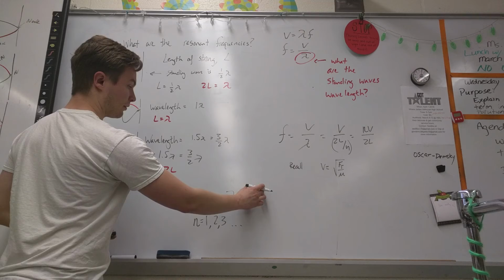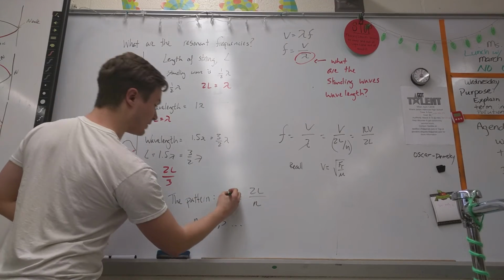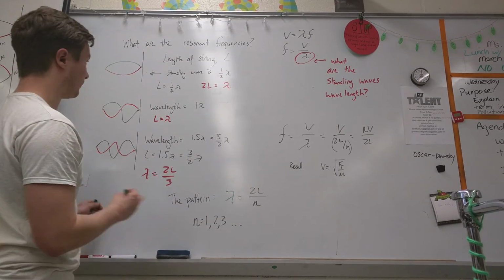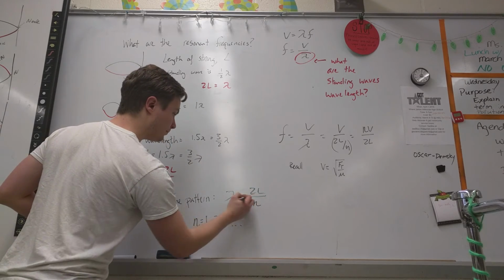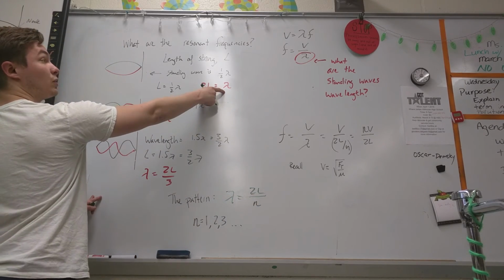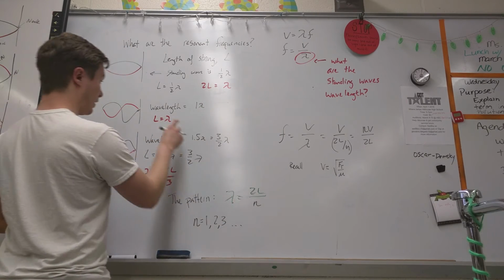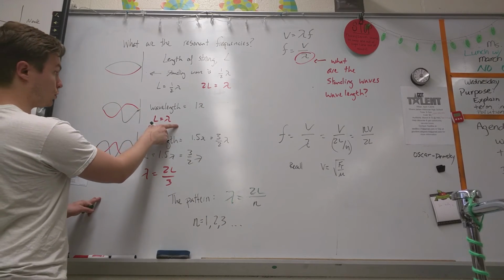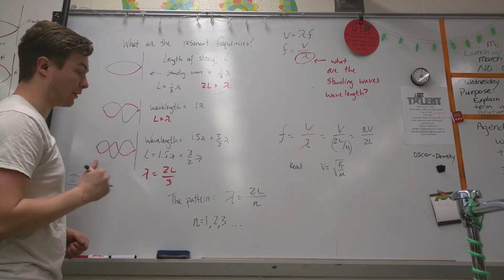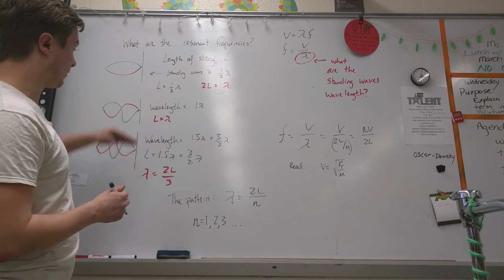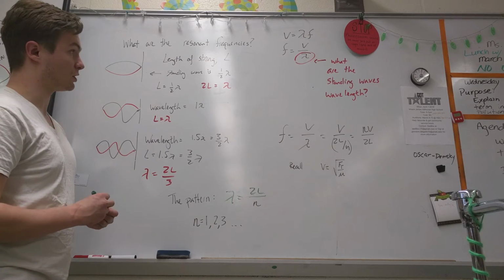So here, my pattern is I've got lambda, and I start with 2L. Here I divide 2L by 1. Here I divide 2L by 2. Here I divide 2L by 3. So this n is just going up by 1 every single time I increase my frequency to get to a standing wave.